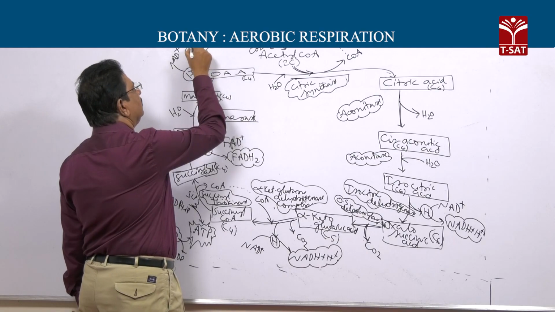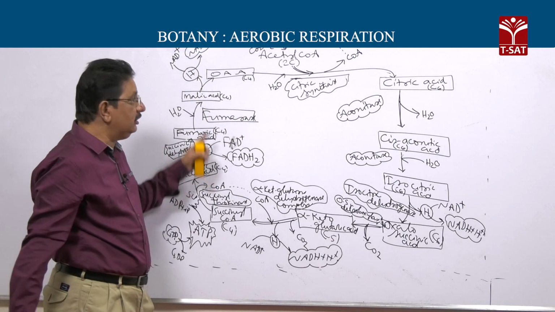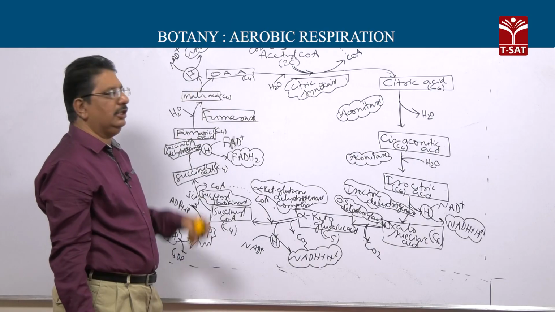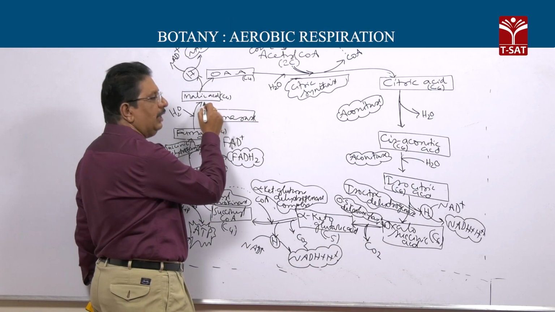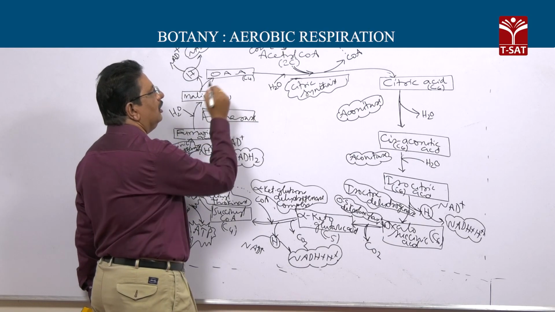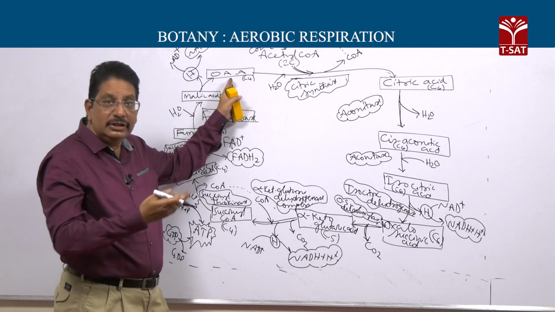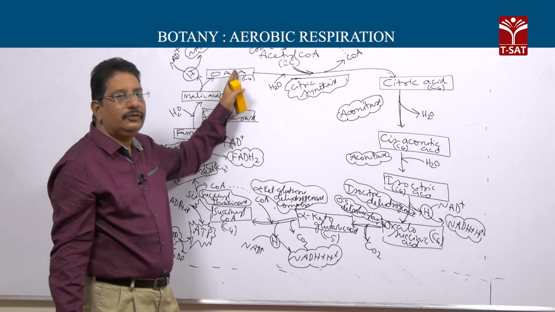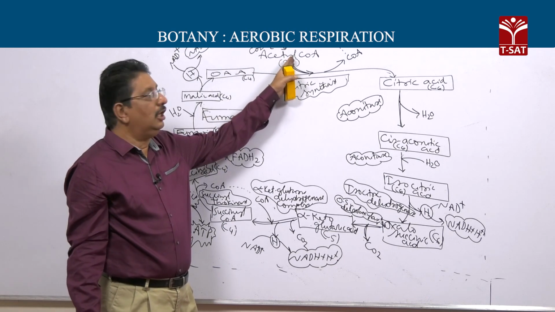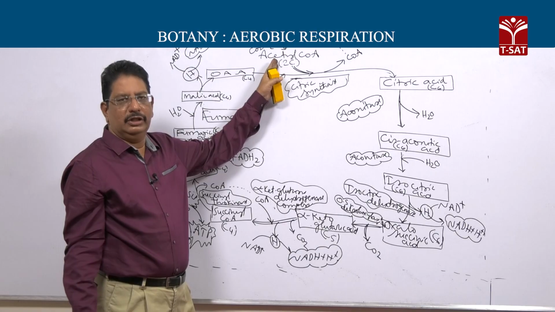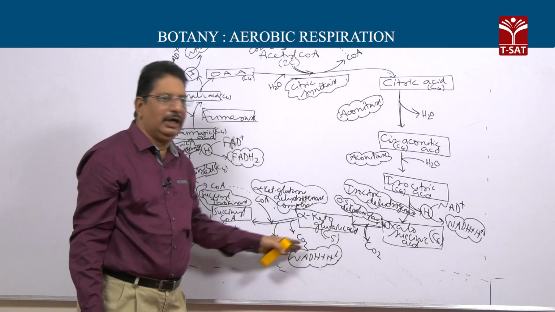So this is once again an oxidation step, dehydrogenation, and C4 malic acid forms oxaloacetic acid. So oxaloacetic acid is regenerated and is ready for conversion of one more acetyl coenzyme A in a cyclic manner.